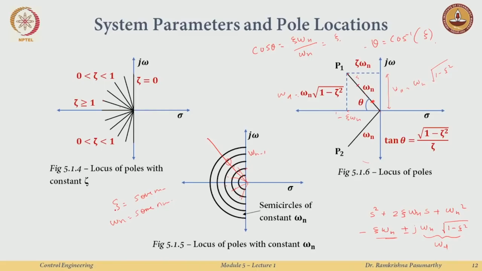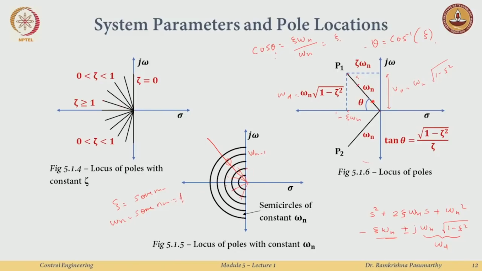Again, I will repeat: if I want a design specification where zeta is some number which corresponds to an angle of 45 degrees, given theta I can always compute zeta, and then add a certain omega n, let us say 1. So I just find these two lines.